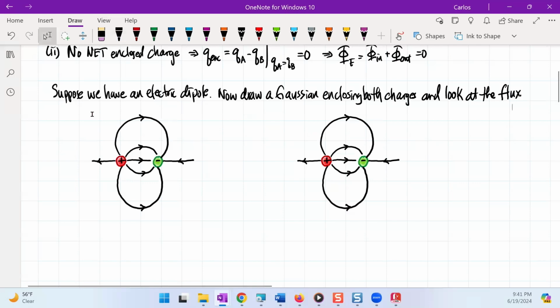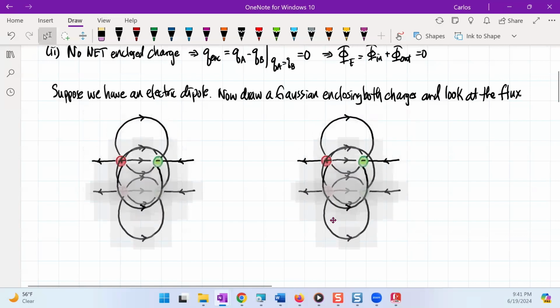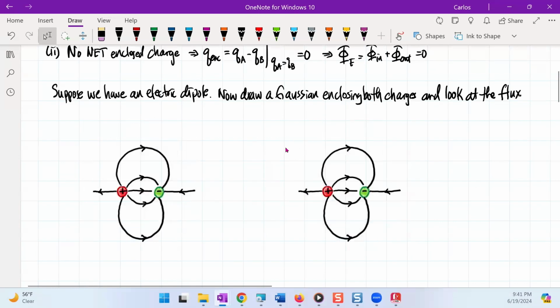Now I'm going to lower this down. Really, the one on the right is the one that's more important. And so now I'm going to draw a Gaussian.